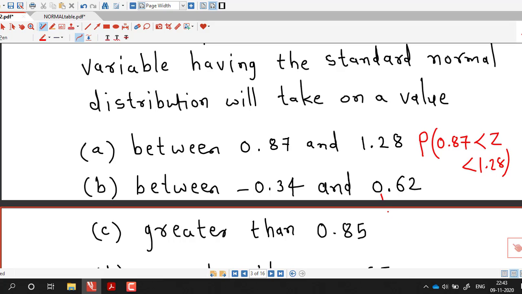Part B: find the probability that the standard normal variable will take on a value between minus 0.34 and 0.62.